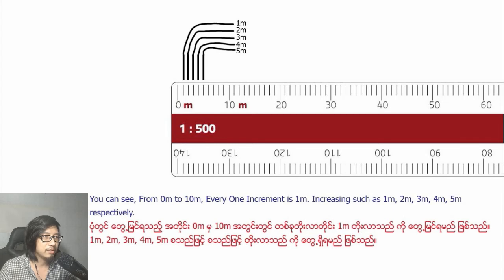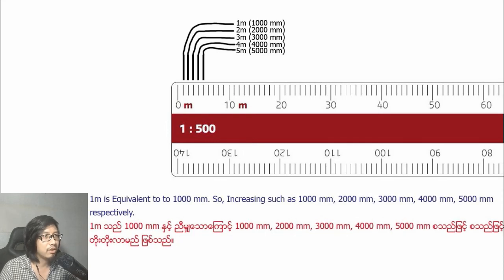You can see from 0 meter to 10 meter, every increment is 1 meter, increasing as 1 meter, 2 meter, 3 meter, 4 meter, 5 meter respectively. 1 meter is equivalent to 1000 millimeter. So it increases as 1000 millimeter, 2000 millimeter, 3000 millimeter, 4000 millimeter, 5000 millimeter respectively.